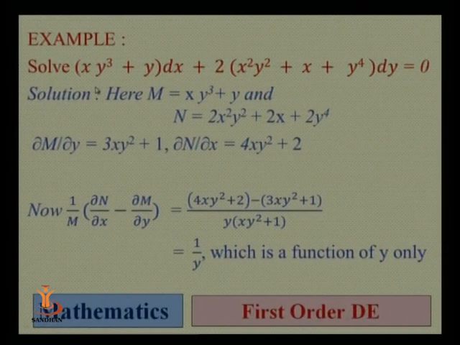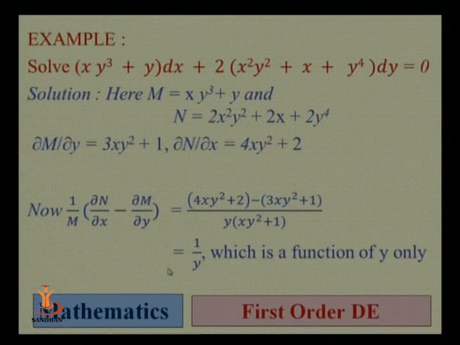Let us see an example of this also. Suppose we have xy cube plus y dx plus 2x square y square plus xy raised to 4 dy. This is our m, this is our n. Then taking the partial derivative with respect to y and with respect to x, and subtracting, this 2 upon m.